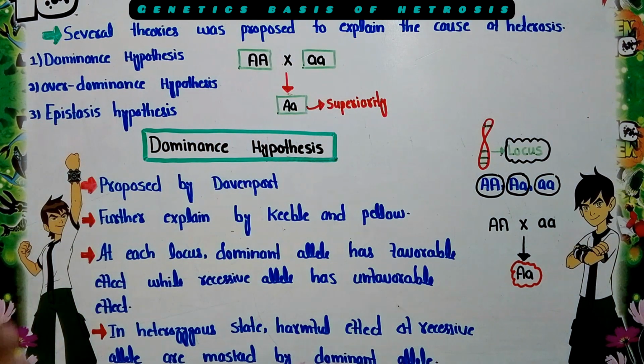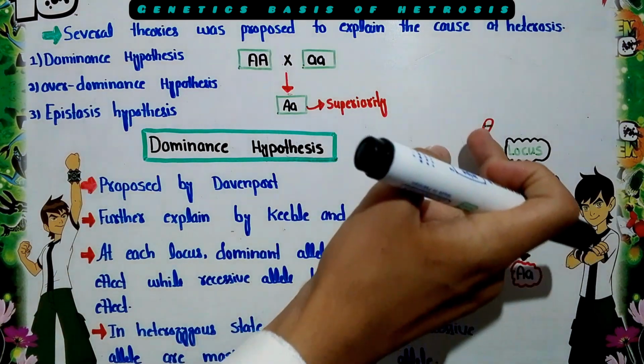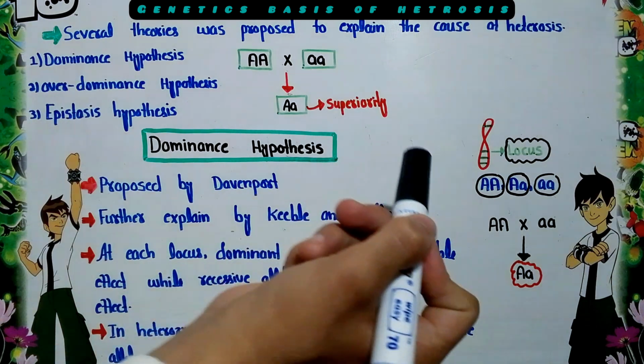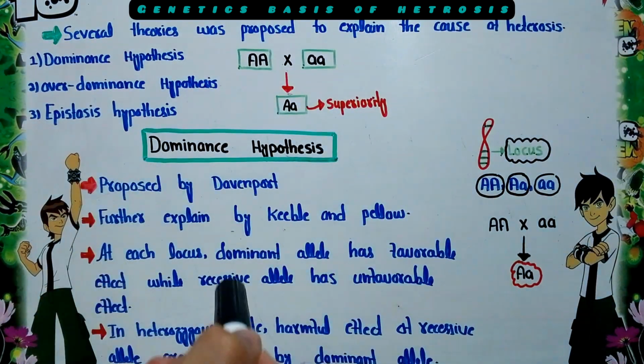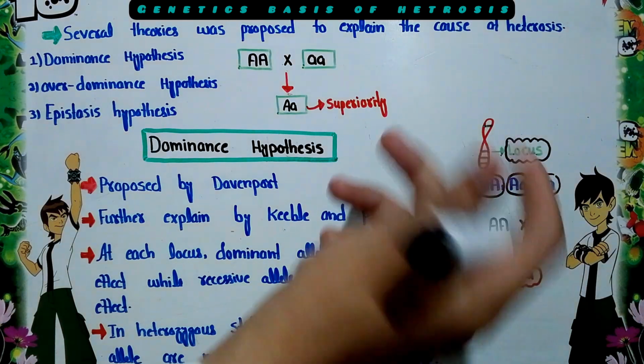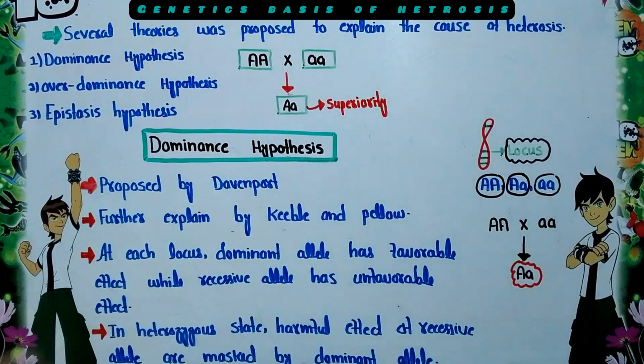Now let's look at what the dominance hypothesis is. As we know, this is the structure of a chromosome. In the chromosome, the place where a gene is located is called a locus. At this locus, the gene exists in two alternative forms, which are called alleles. Because each organism has two copies, one from the mother and one from the father, we have two alleles.